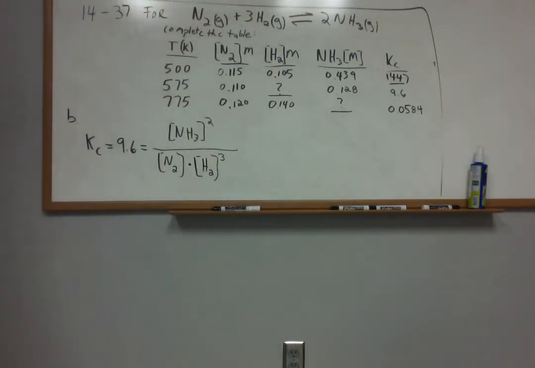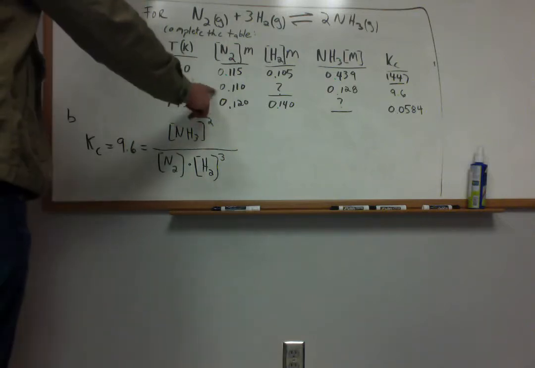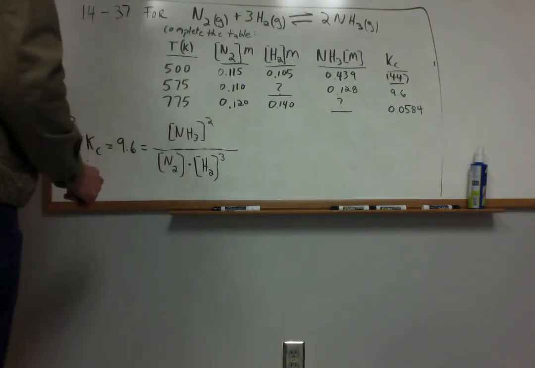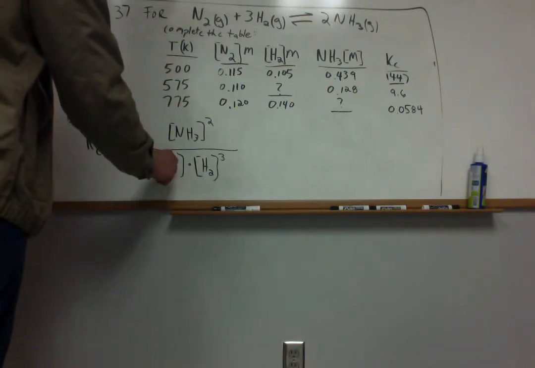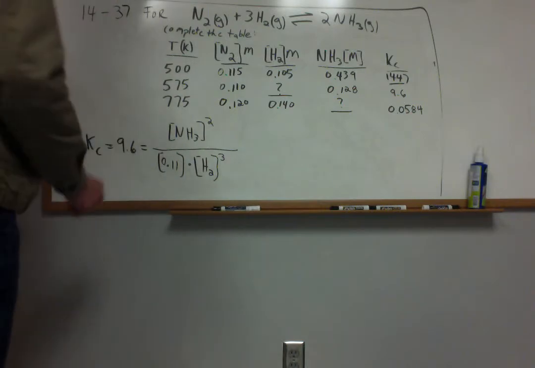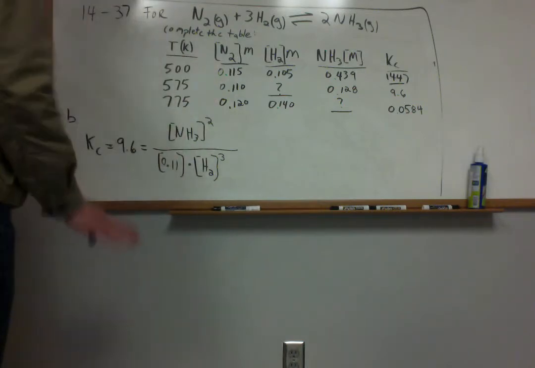So you see the form of our generic equilibrium constant expression. Now all we need to do is plug in the things that we know and solve for what we don't know. I was told in this problem, part B, the concentration at equilibrium of N2 was 0.11. So I can plug that in there.